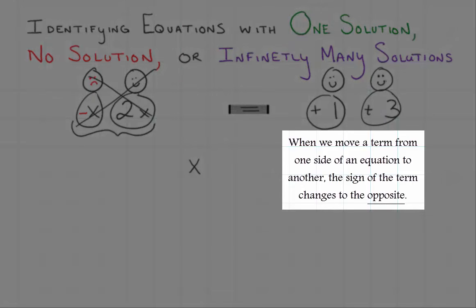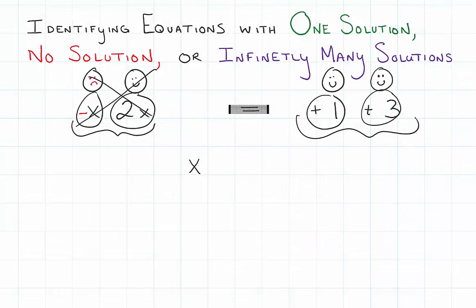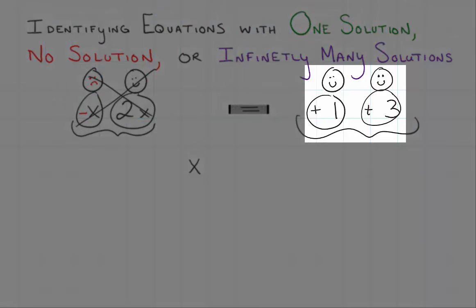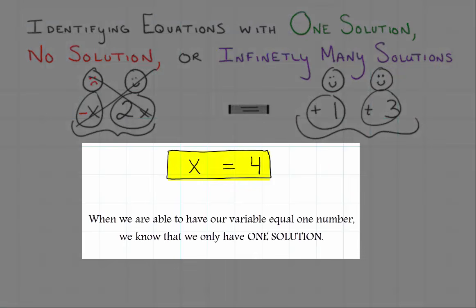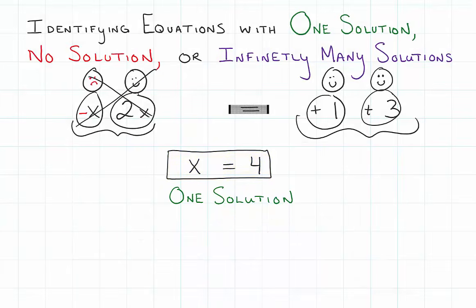It switches the sign. And so now we can combine our numbers together because these don't have any variables. So positive and negative numbers can go together. When we combine these terms, 1 plus 3 is going to give us 4. And so what we see here, we have an answer: x is equal to 4. We know that this is one solution, and the reason is because we've solved for the variable.